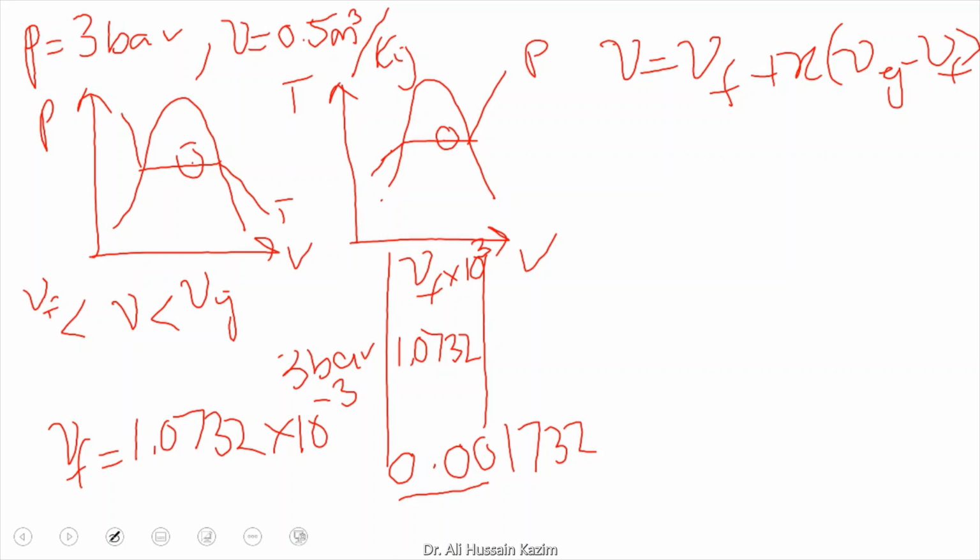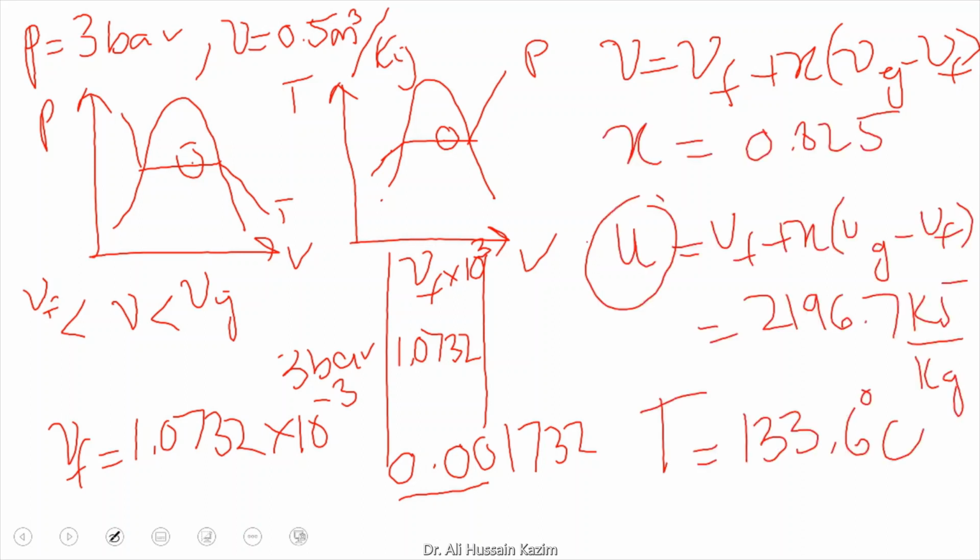So this internal energy comes out to be 2196.7 kilojoule per kg. The temperature, so we had to find the internal energy as well as the temperature. The temperature from the temperature table is 133.6 degree Celsius.